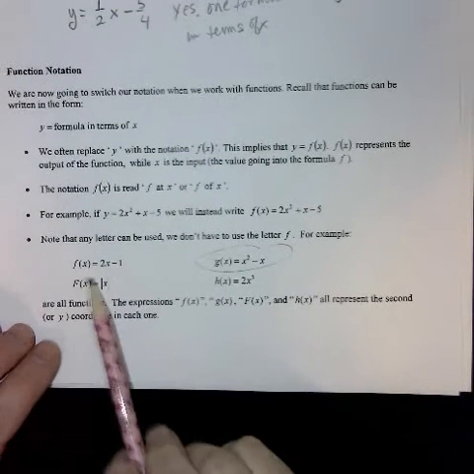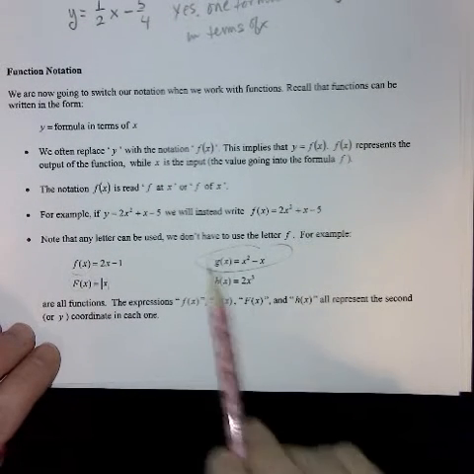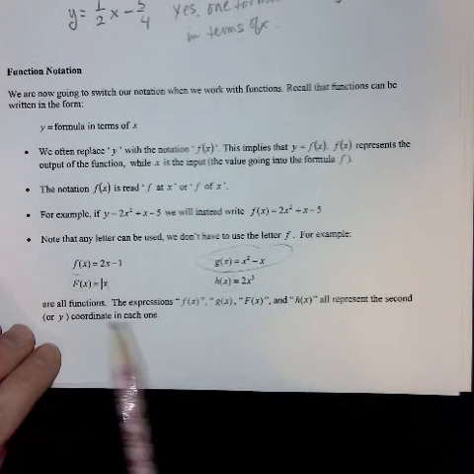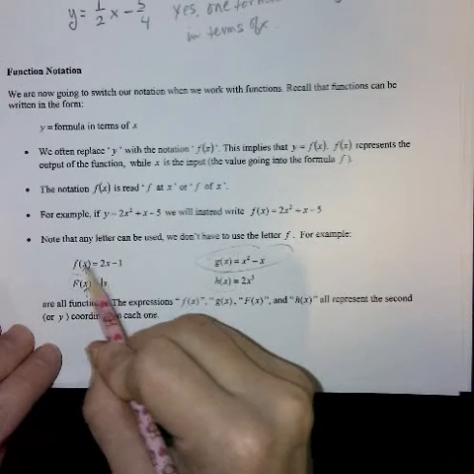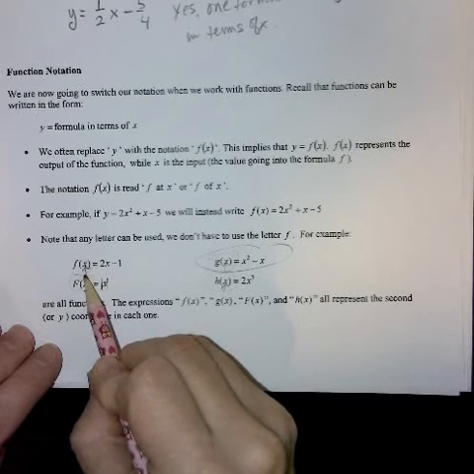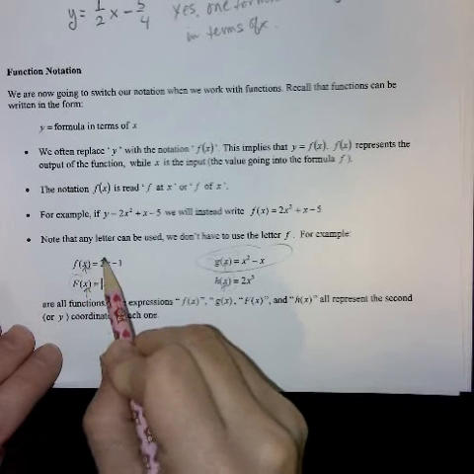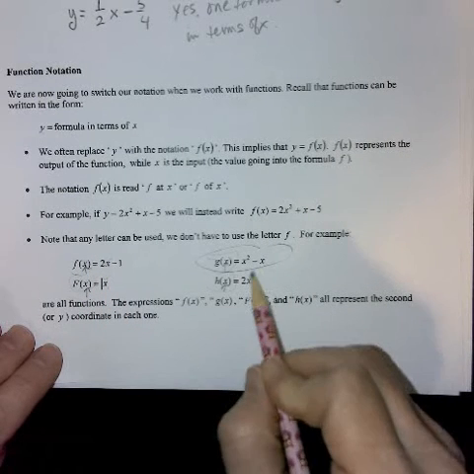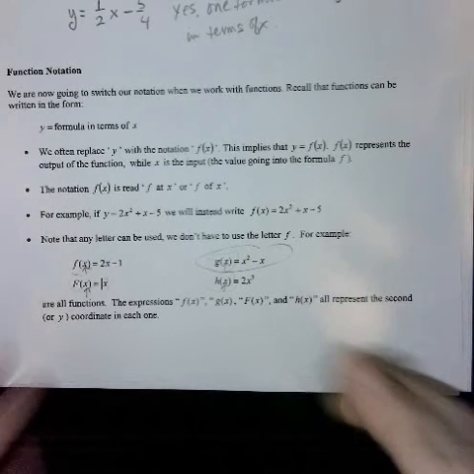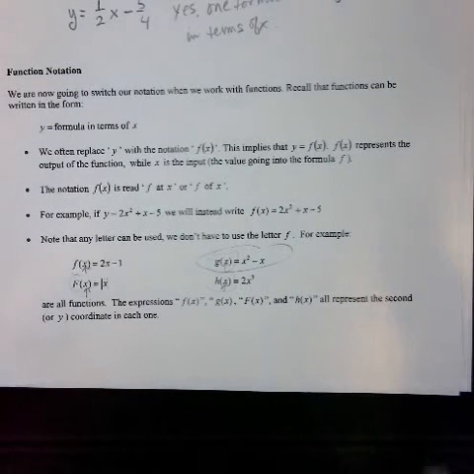This side here represents the y coordinate, and this in here is your input. So in all of these, it's telling you whatever you plug in here, this is where you're going to put it on the other side, inside of the formula. The x is like a placeholder, really. It's telling you what to do to what you're plugging in.